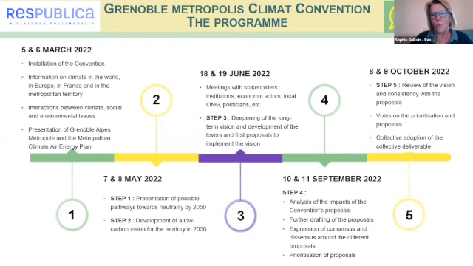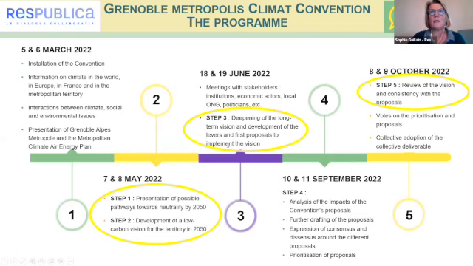Instead of asking them what would be your vision, we tried to make it more concrete, asking them: what could you do here in Grenoble by 2050? What can you no longer do? And what will you do again in 2050 that you are not doing in 2022? Then they wrote their global vision. So that was step 2.